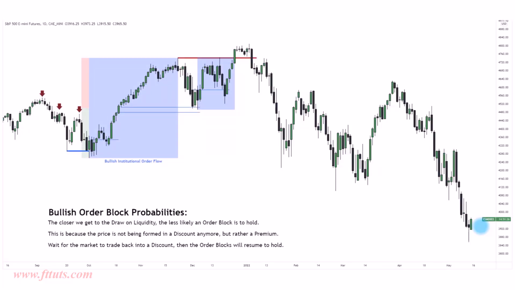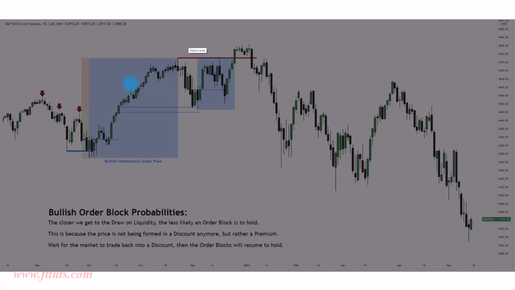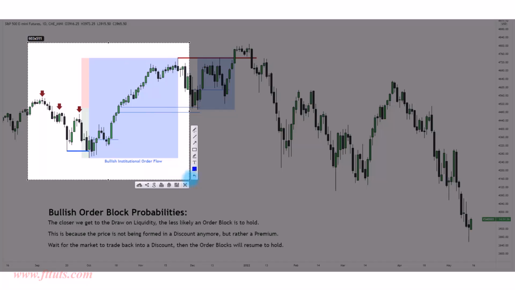Now let's talk a little bit about bullish order block probabilities. The closer we get to the draw on liquidity, the less likely an order block is going to hold. Let's explain this. Here you can see that if price comes and tests the order block, it's going to hold, because if we look to the left, price is in a discount and we've just taken out an old low.